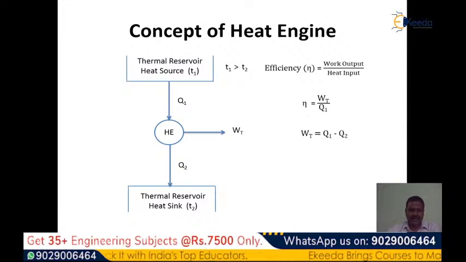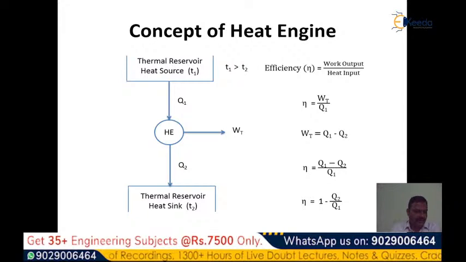Here we need WT, so this WT will be Q1 minus Q2. That is exactly what is written here. Then efficiency will be Q1 minus Q2 divided by Q1, or this can also be written as 1 minus Q2 by Q1. So this is the efficiency for a heat engine.